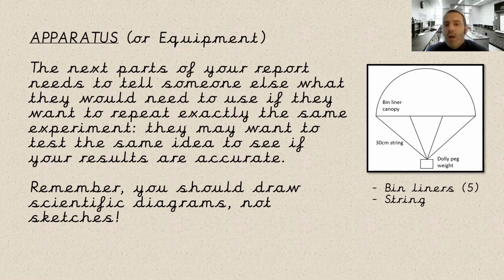So if you wanted to be really, really accurate, you could say string bought from Wilkinson's, and this is the name of the string that I'm using. By doing that, you give the people that are investigating, that are trying your results out or inspecting your results, the same opportunities that you had. So it keeps it as a fair test.